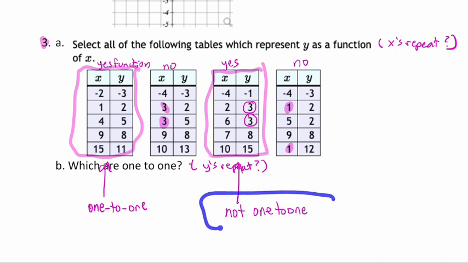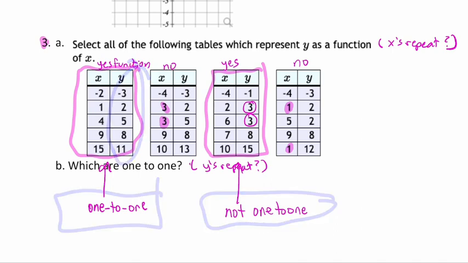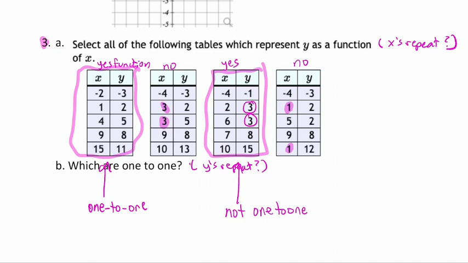That's why that one is not 1-to-1. Here, all of our y's are different, so it is 1-to-1. It's like every x is paired up with one y, every one y is paired up with one x. That's what that means. We good with 3A and B? Yes. Yeah, so a one-to-one is a one-to-one function. So you could even put the word function there, and I might have actually put that there.